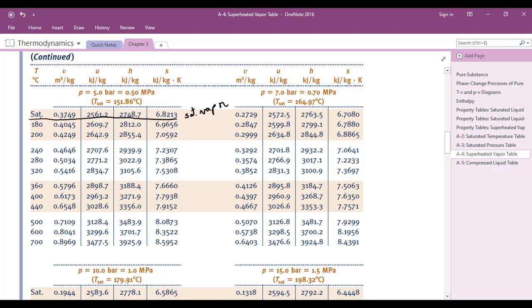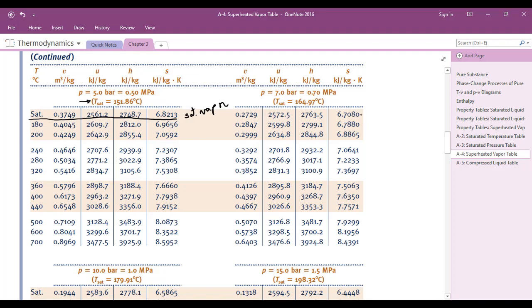At the saturation temperature, T sat, stated here between the parentheses, for example equal to 151.86 degrees Celsius, the values for V, U, and H are given, and the saturation temperature will change from one pressure to another.